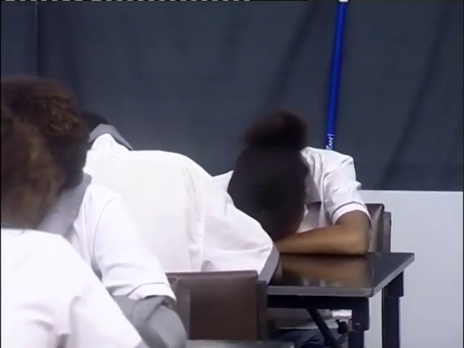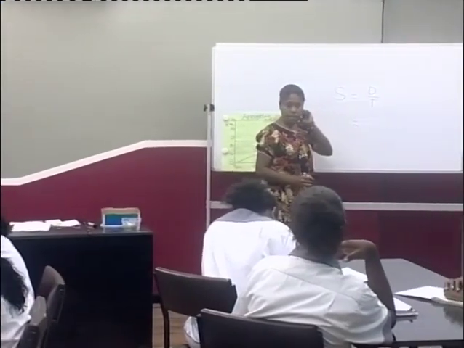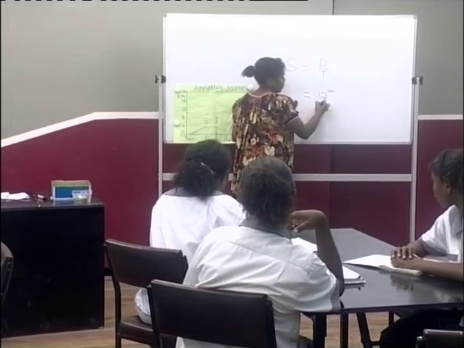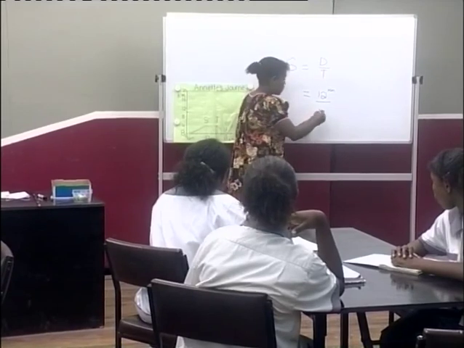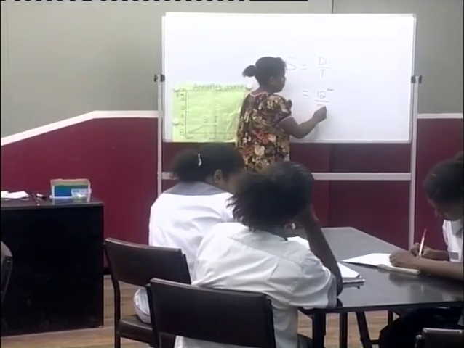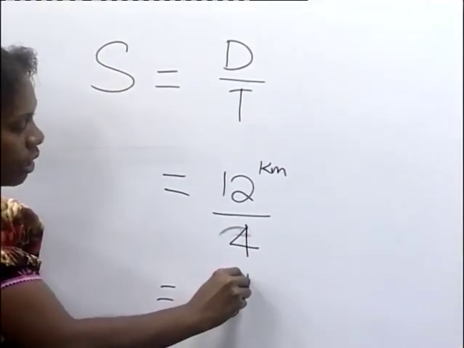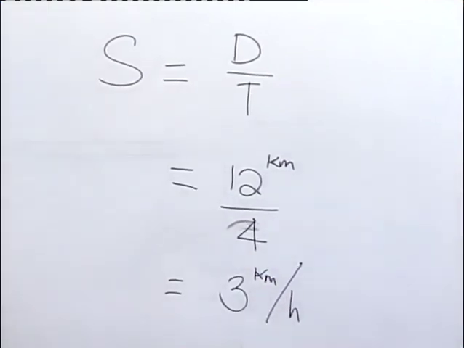Do you others agree with this answer? When we calculate it, what is the distance? 12 kilometers over how many hours? 4, which is equal to 3 kilometers per hour. So she walked 3 kilometers in an hour.